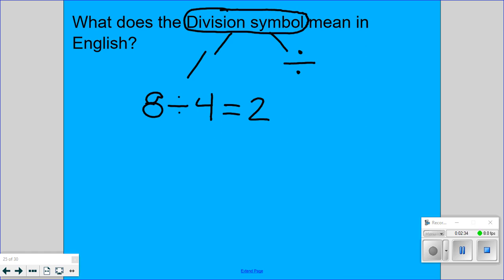Now, a regular person might say, oh, that says 8 divided by 4 equals 2. It's not wrong, but doesn't really mean anything to me. So we're going to translate that into English so I can picture what that means in my head.